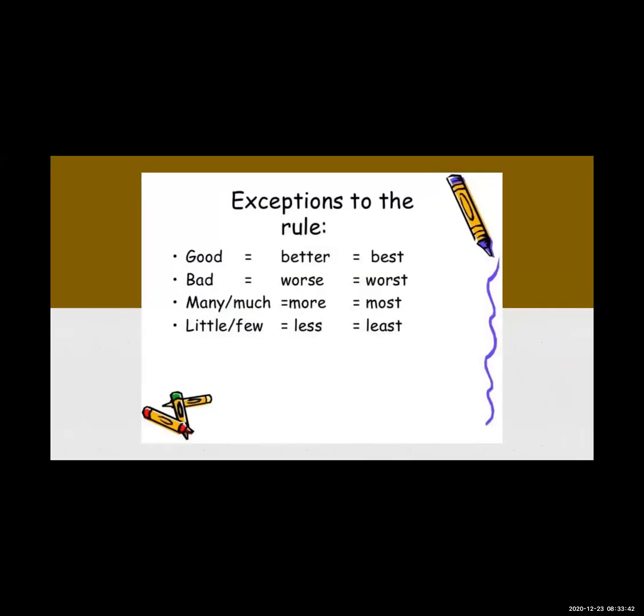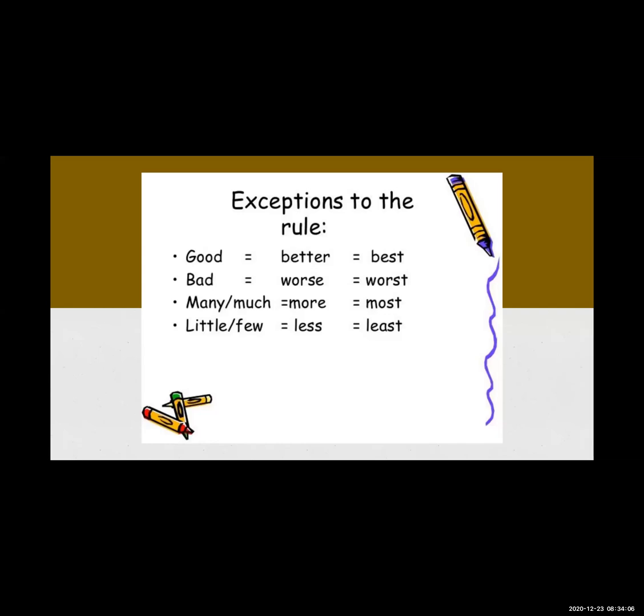Like that, if there is a word like little, then it will become less, and then least. Over here you cannot add more good or most good, or more bad or most bad. These are exceptions, exception means they are something different.